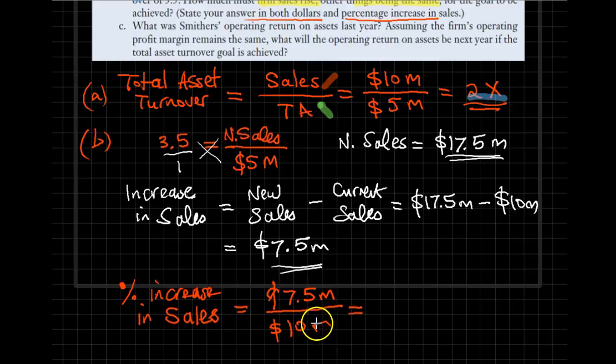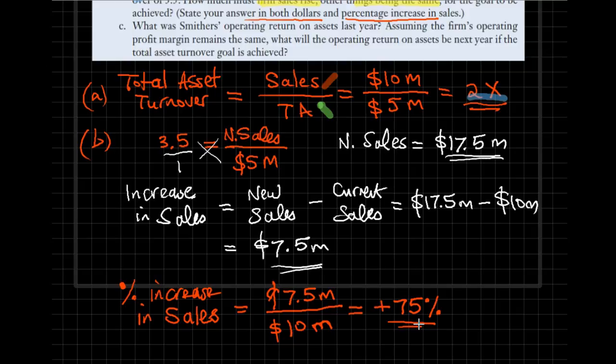So, okay, that would be equal to a positive 75% increase, and that would be the answer for part B.